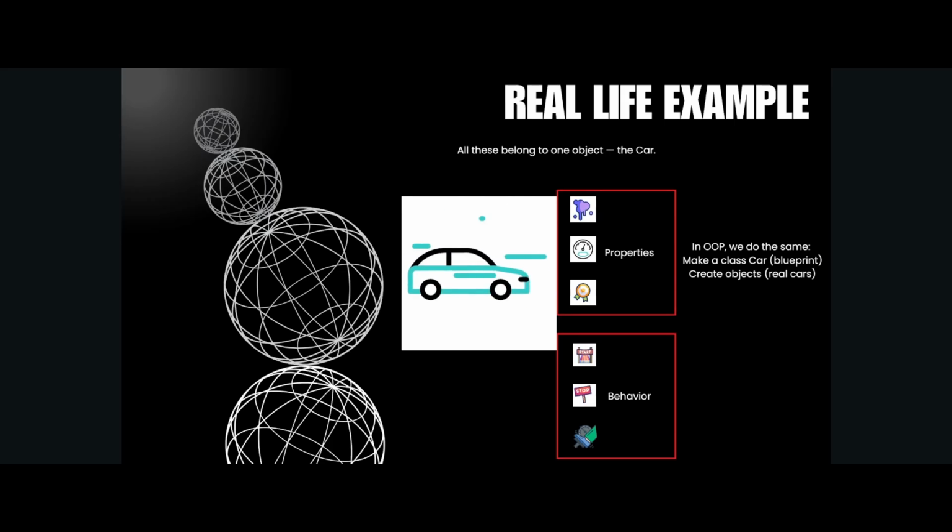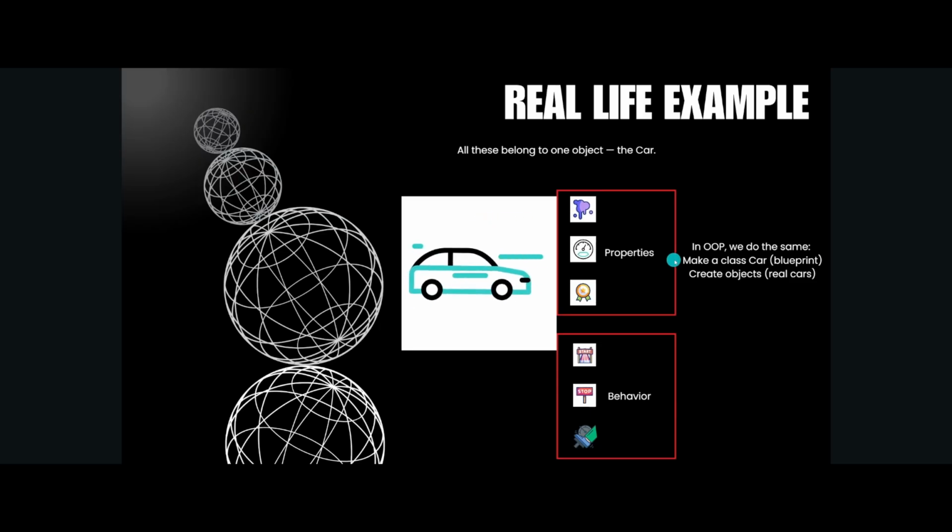But when you actually build that car, you add all these properties and all this behavior to your car. When you are done building your car, the car is now the object. The car that you have built is the object of a car class, right everyone?